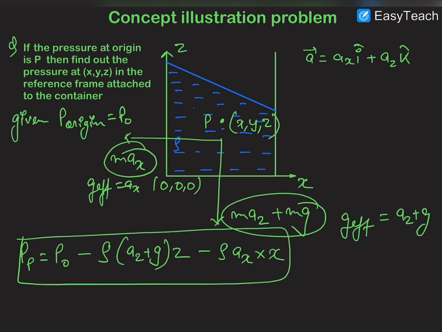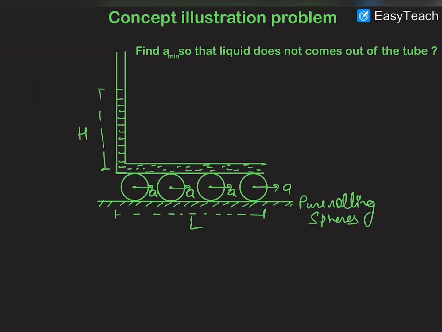Now we move on to the next question. In this question, you can see that there is an open L-shaped tube which is having some liquid filled in it, and this tube is being rolled on the rollers. These are the rollers, you can see. These rollers are pure rolling spheres, and the length of this tube is A, and this is the liquid filled in the tube.